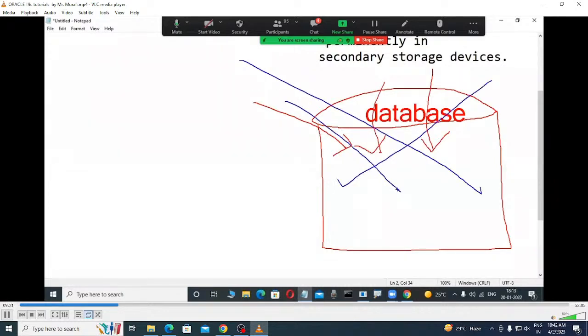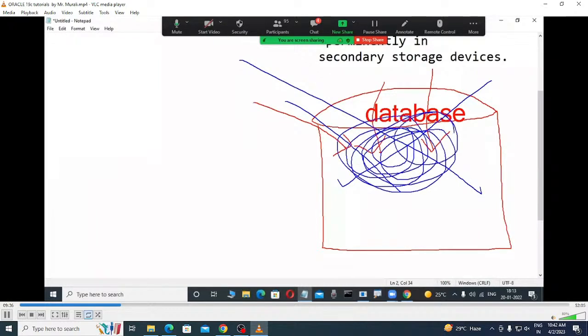Actually, databases like Oracle, SQL Server, DB2, Sybase, Informix, Ingres and Teradata do not store a random collection of data. These databases only store a structured collection of data. That is important.